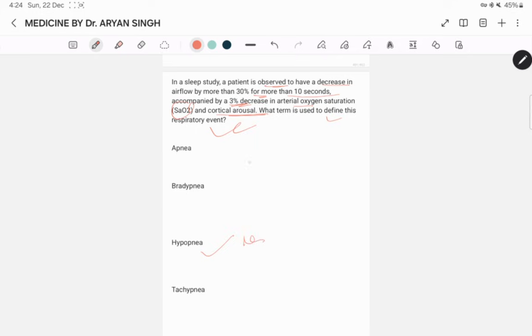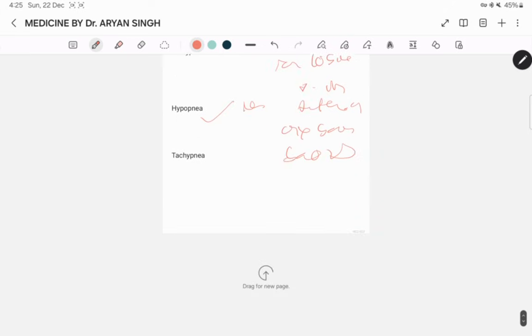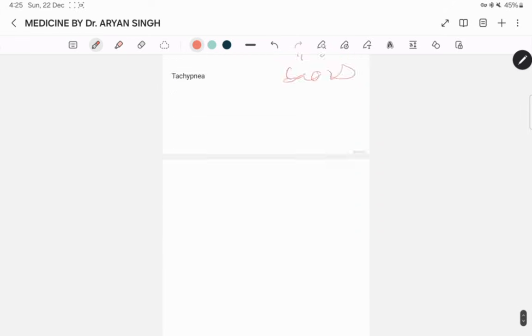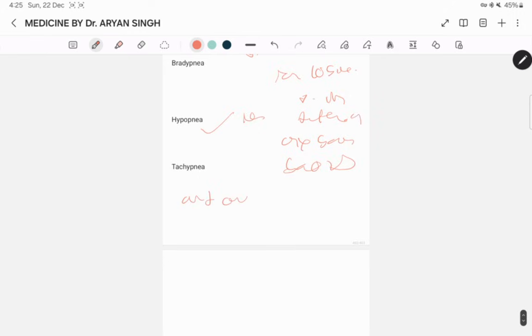Because hypopnea is defined as a decrease in airflow by more than 30% for more than 10 seconds, accompanied by a 3% decrease in arterial oxygen saturation and cortical arousal.